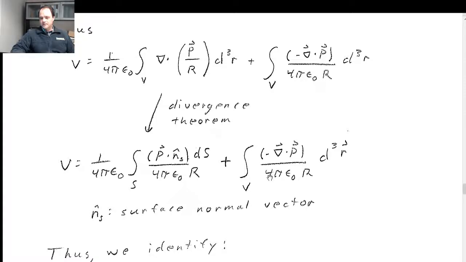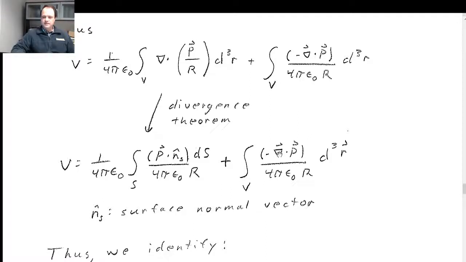And we have something that looks like potentially a point charge, because we have the 4 pi epsilon naught r in the denominator. That would match the potential produced by a point charge. But in this case, we don't have rho up here as we would have for individual point charges.